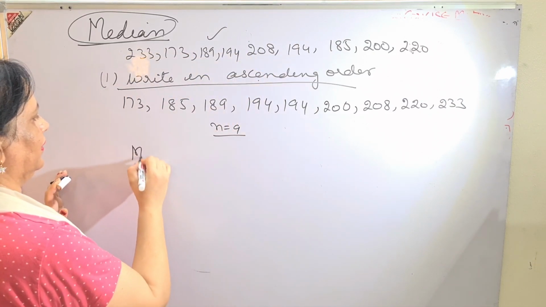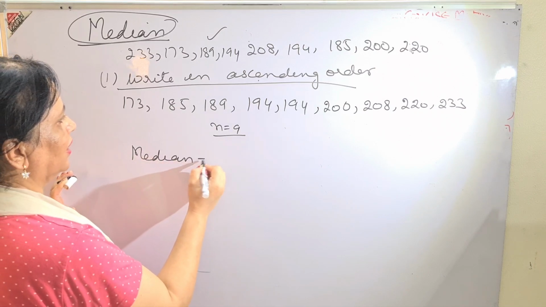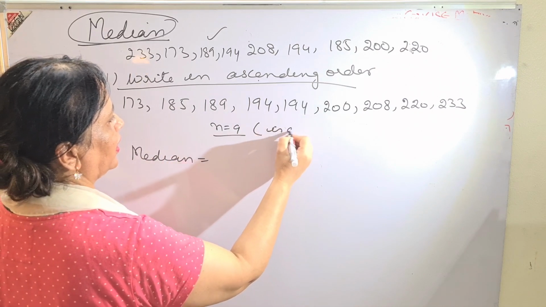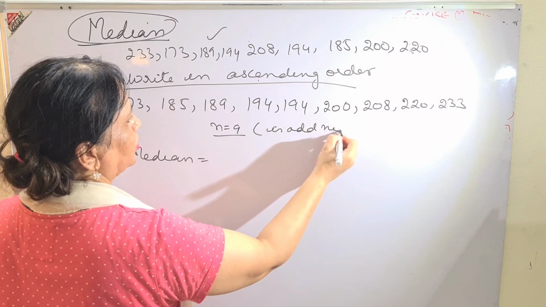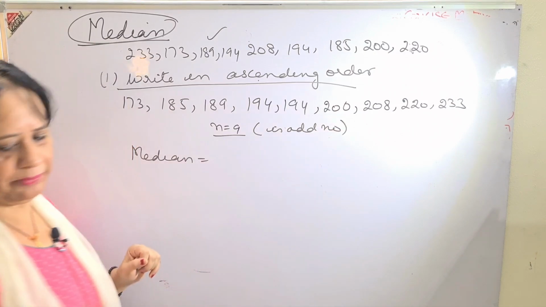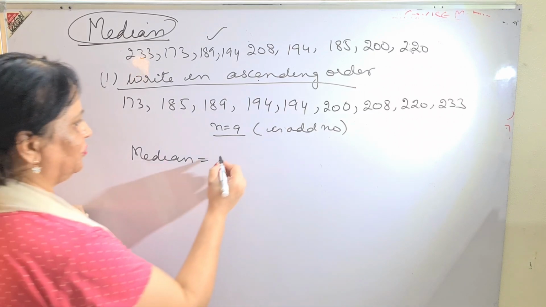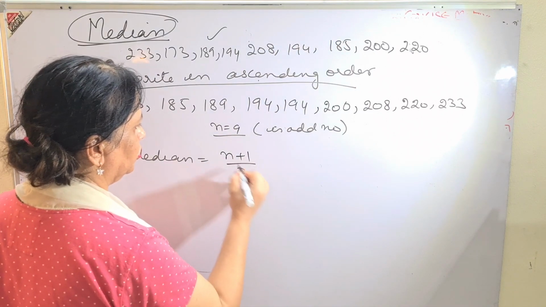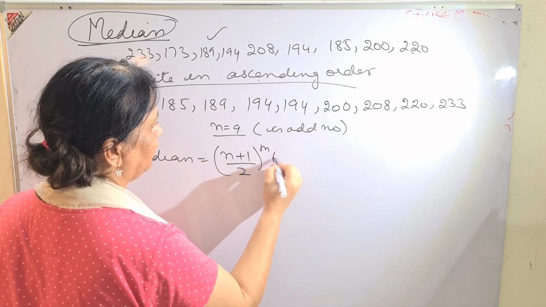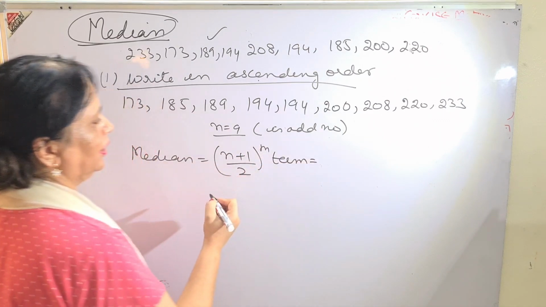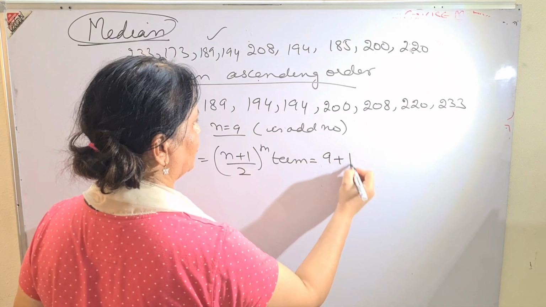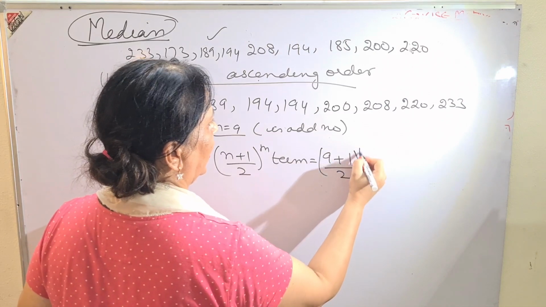So what will be the median? Because 9 is an odd number, the formula will be very, very simple. The formula will be (n plus 1) upon 2 th term. Please mention the formula. This will be (9 plus 1) upon 2 th term.